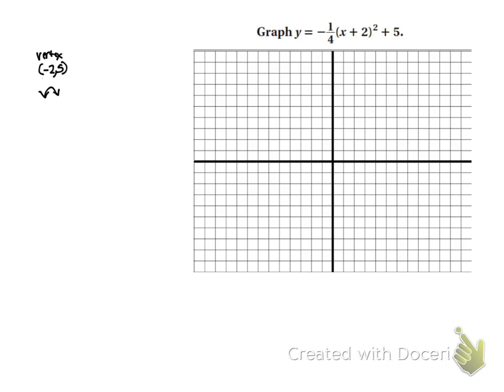The axis of symmetry is x equals negative 2. There is a max at y equals 5. And this stretches horizontally or gets fatter.